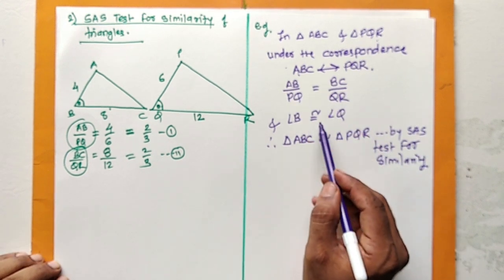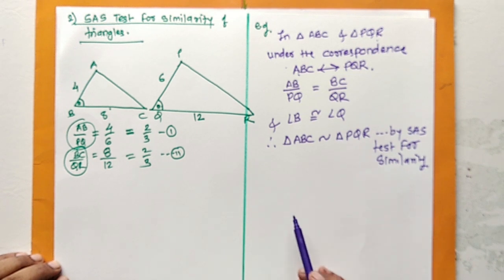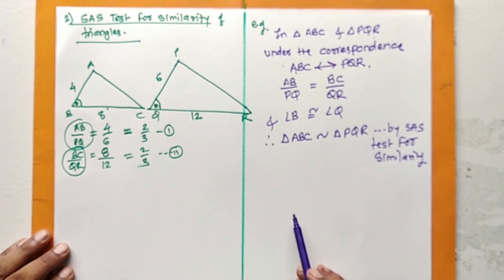When these three conditions are satisfied, the two triangles are similar; the remaining conditions are automatically satisfied.